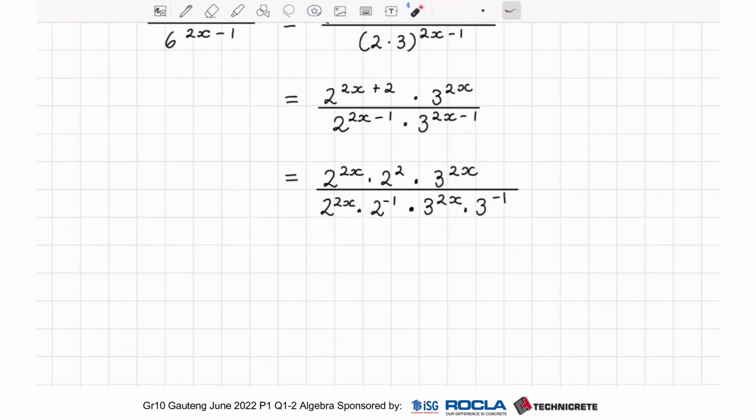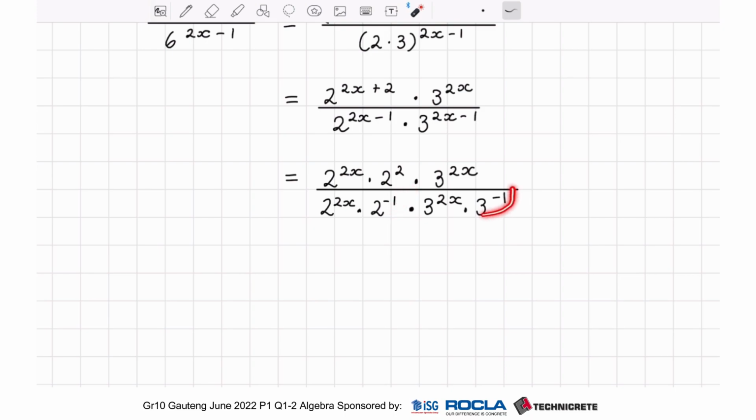And then I see I've got two numbers that are raised to a negative exponent, and all that tells me is that I'm going to bring these numbers from the denominator to the numerator, and the exponent is now going to be the positive version of whatever it was before. So I can move this 2 to the top, and instead of being raised to a negative 1, it's now going to be raised to a positive 1.